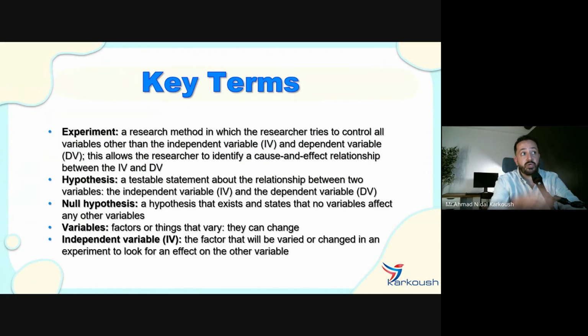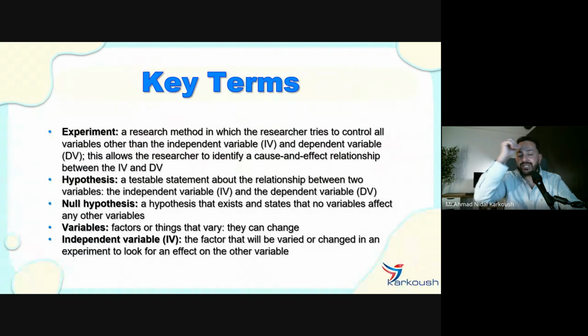This is something we are going to discuss in a second, but it allows the researcher to identify a cause and effect relationship between the IV and the DV. So technically speaking, an experiment is the whole idea of trying to control everything except for the IV and DV, in order to see how these two have a cause and an effect relationship with one another.